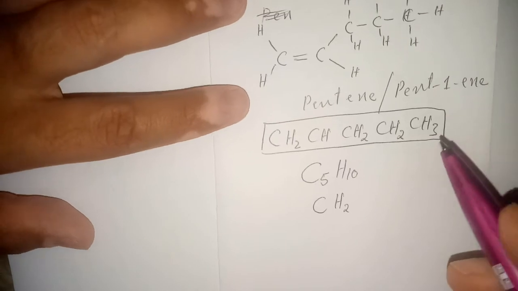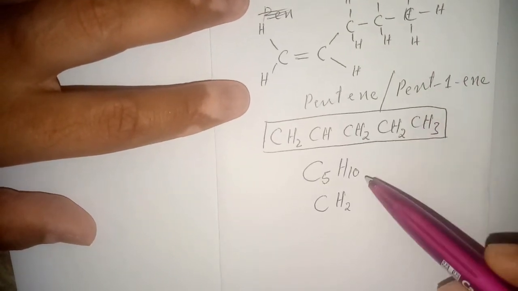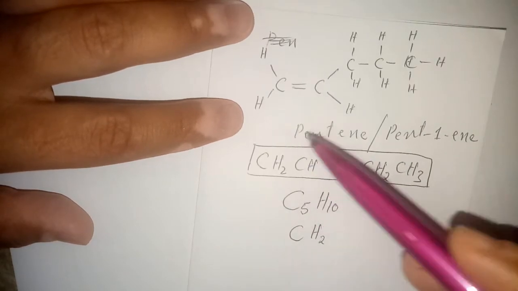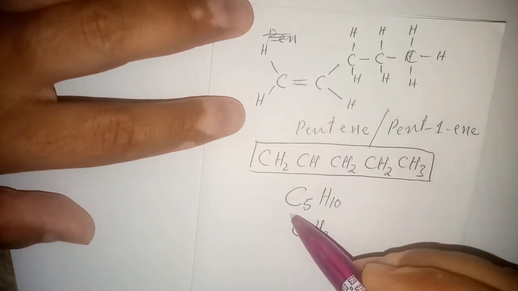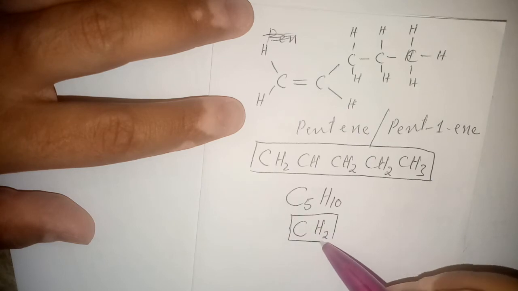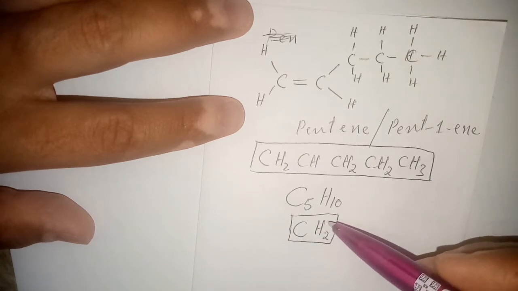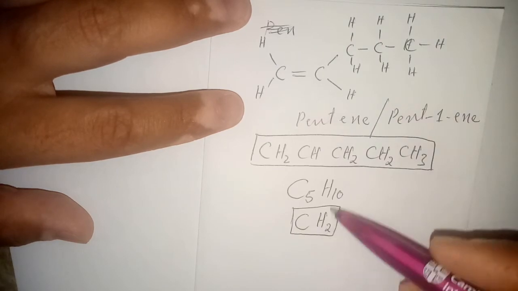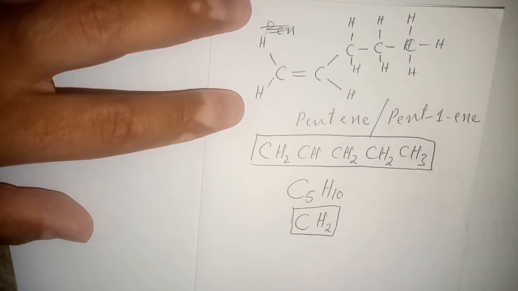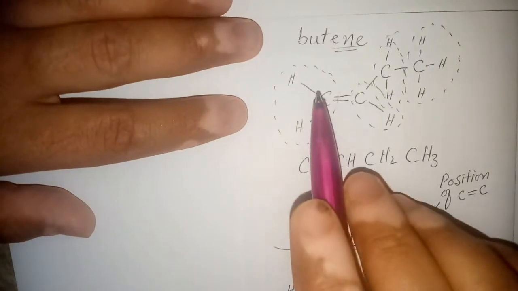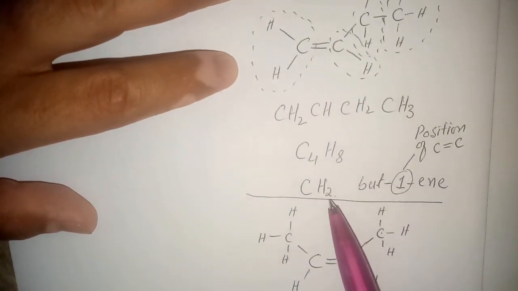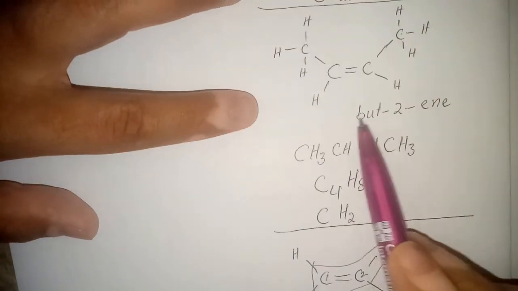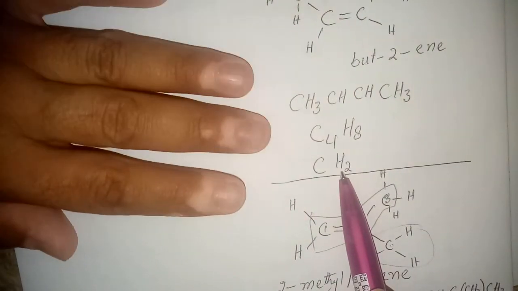Now I have to mention one other common thing that you may notice: in so many alkenes we practiced, in all of them the empirical formula is the same. Like in pent-1-ene we have CH2 as the empirical formula. In butene we have the same empirical formula, CH2.